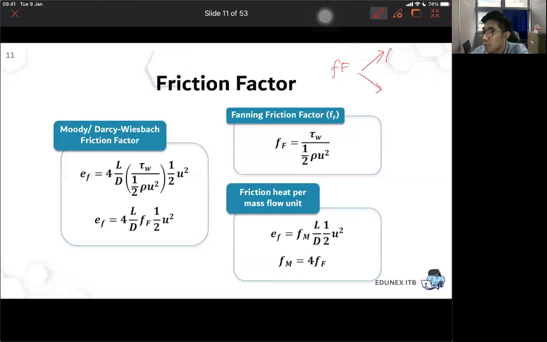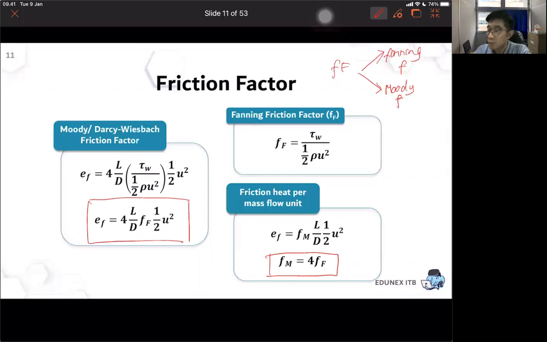The Fanning friction factor or the Moody friction factor. What is the difference? The only difference is that the Moody friction factor is 4 times FF, the Fanning friction factor, because it comes from this equation. So you just put 4 times the Fanning friction factor together.